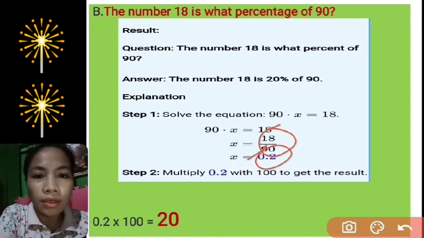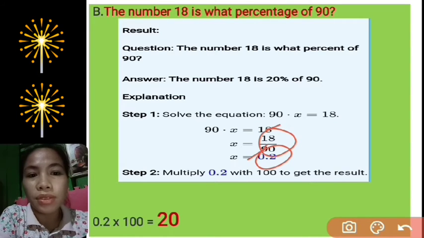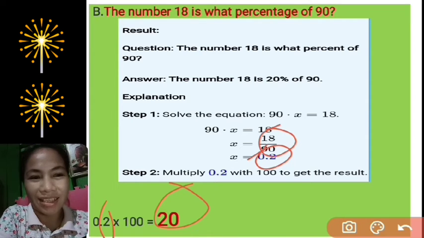Step 2. Multiply 0.2 with 100 to get the result. 0.2 times 100 is equal to 20.